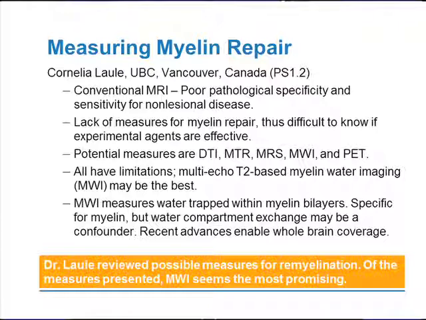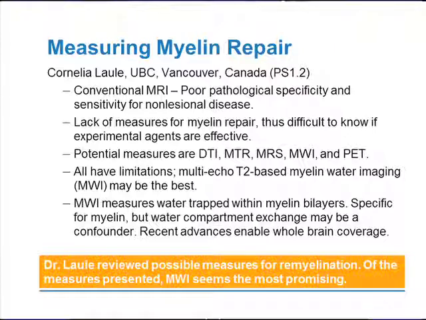So the lack of these outcome measures for myelin repair has made it difficult to know if the experimental agents are actually effective. So Dr. Laule gave at least one presentation, and then there were a couple of other abstracts, and she talked about some of the potential measures that we could use in imaging. One of them was diffusion tensor imaging, which looks at water flow.